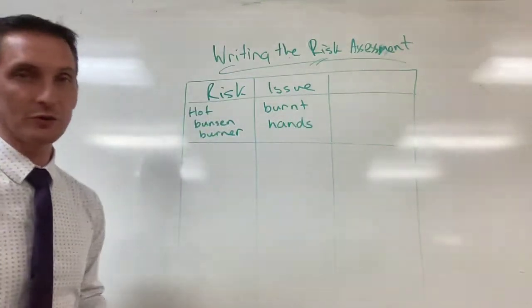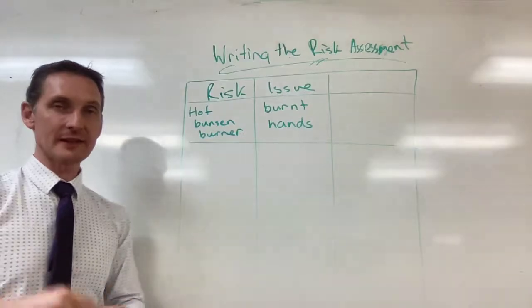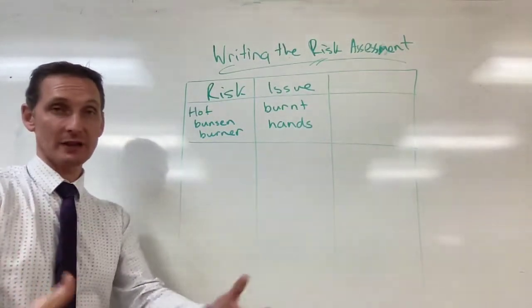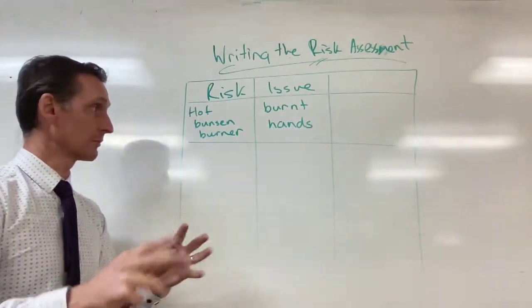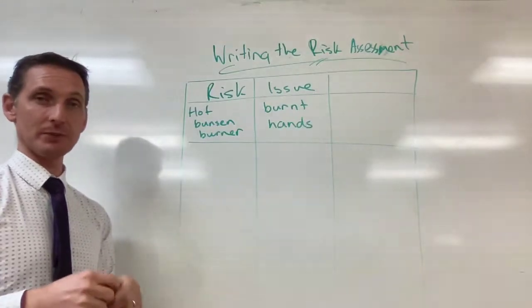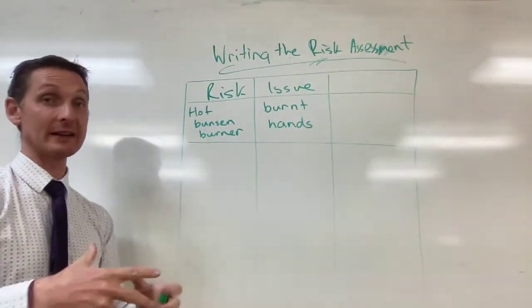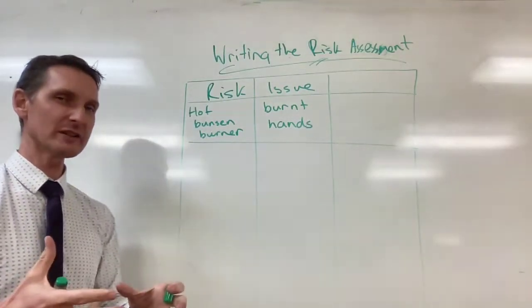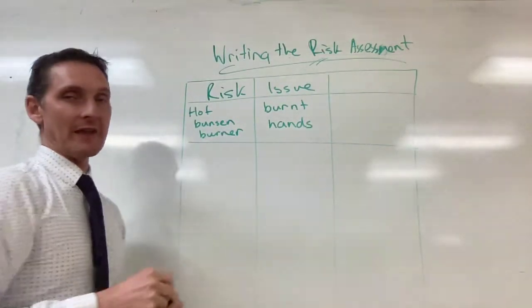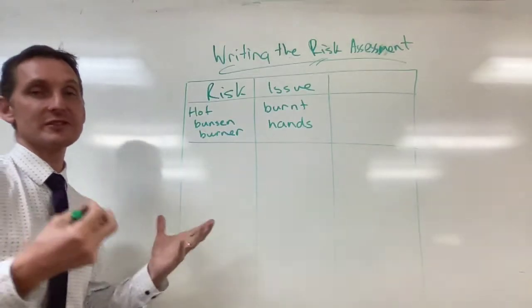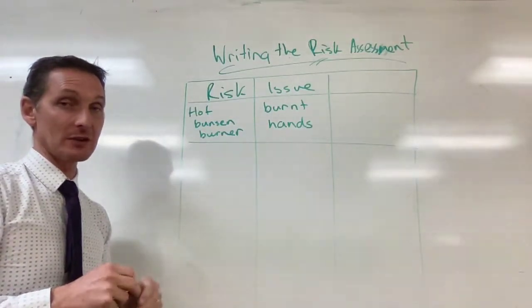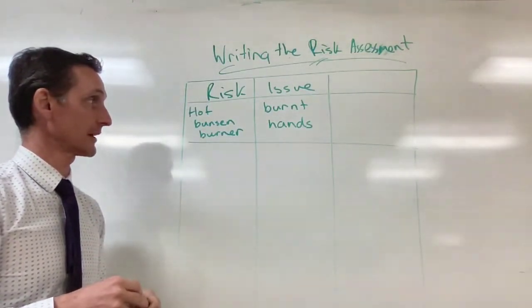Because the way that you're using your Bunsen burner is that you potentially are moving and manipulating that Bunsen burner, and you need to move it as it's still hot. Then the concern is that you could burn your hands in some way.